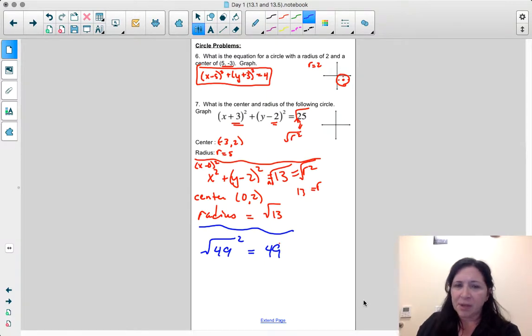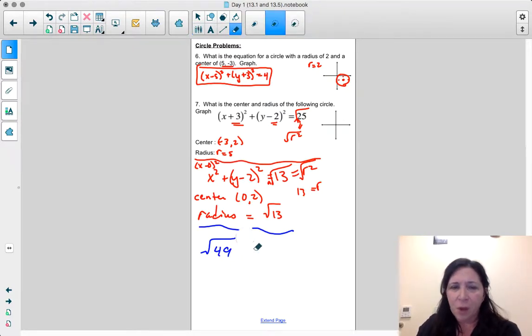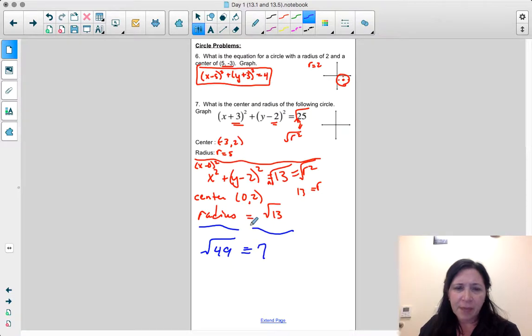Let me start even before that. Why do I get 7 for the square root of 49? The reason is the square root of 49 can be rewritten as the square root of 7 squared, right?